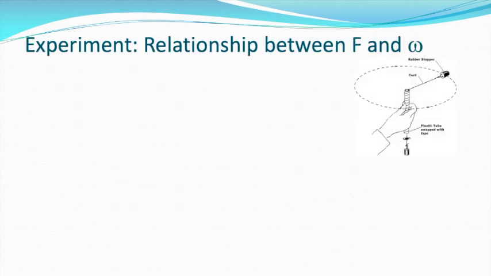So here's the experiment, the relationship between centripetal force and angular velocity. So similar apparatus that we used to describe circular motion in the first place and radial acceleration. It's a rubber stopper and it's going to be moved in a circle, and that central force is going to be supplied by the weight of a hanging mass. We're going to vary the weight of that hanging mass and measure the corresponding angular velocity.